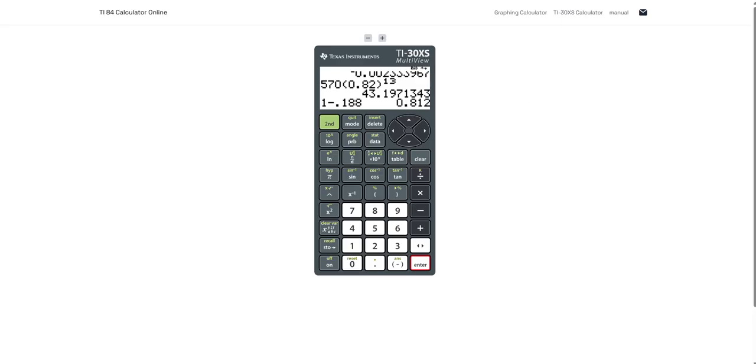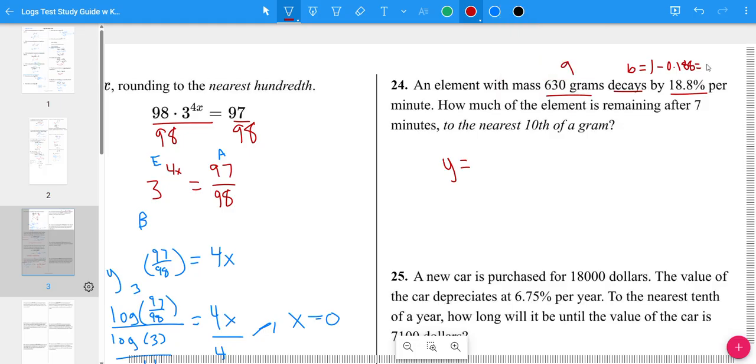Then it wants to know how much of the element remains after 7 minutes. So 7 is my x. So 630 times 0.812 to the 7. So y should equal 146.6. Okay.